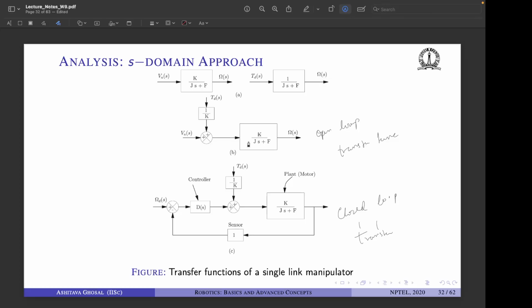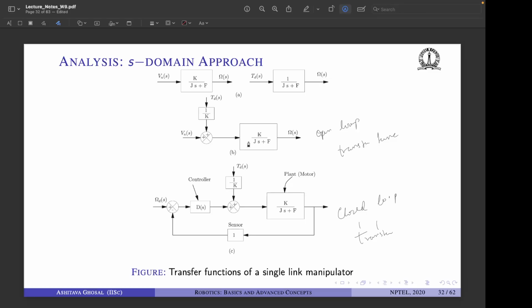Then if I want to rotate the motor at 10 radians per second, I should give 5 volts. For 20 radians per second, I should give 10 volts, like this, right? So if I give 10 volts and the motor reaches only 18 radians per second, there is no mechanism of knowing that and taking corrective action in the applied voltage such that we reach 20 radians per second, which was desired in the first place.